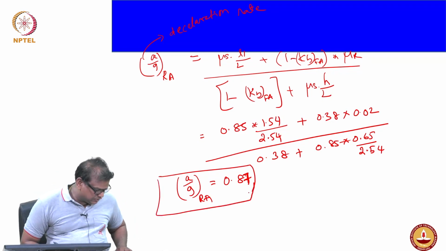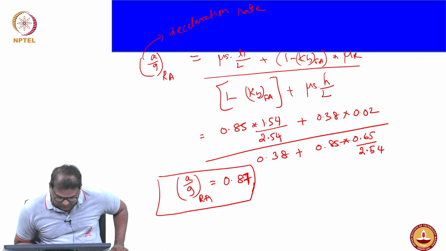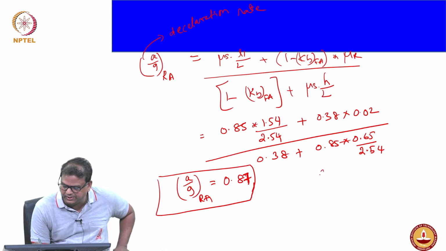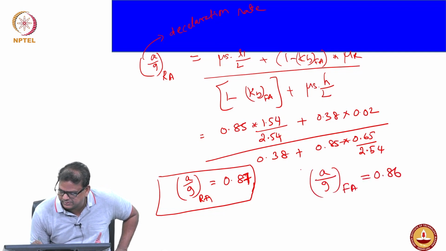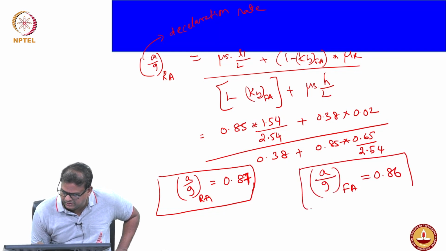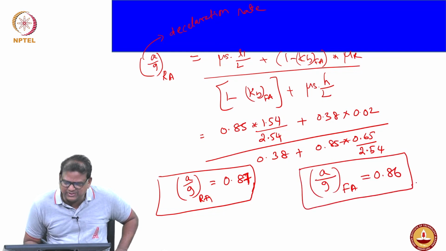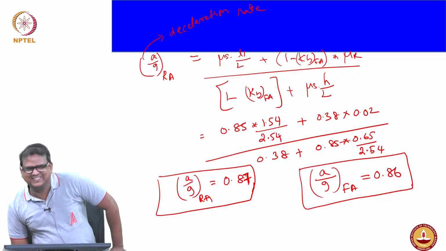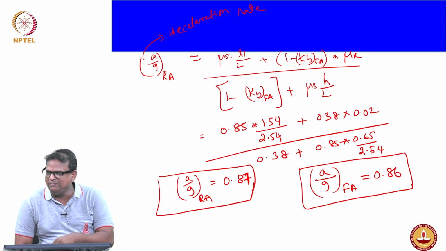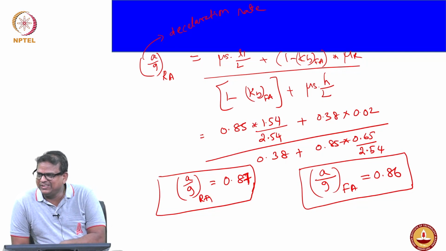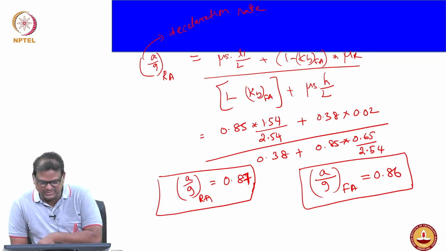Okay, let me ask a question. So already we know the a by g for the front axle came 0.86. Tell me which will lock first. Are they almost the same value or different values? Can we consider they are almost the same? Yes, we can consider.